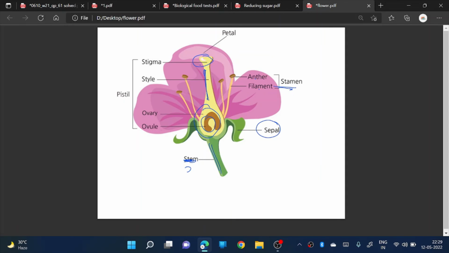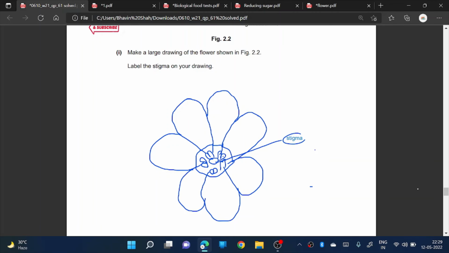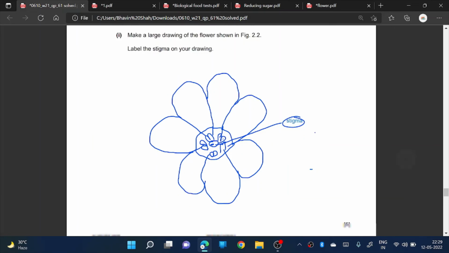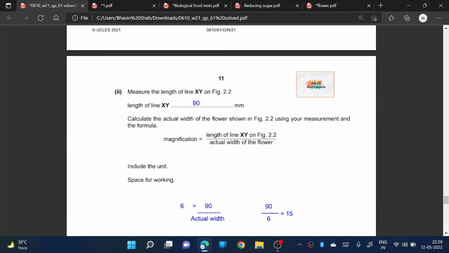This part is called as the stalk. Okay, so this is the typical flower. So here when you need to label the stigma, so now we know the stigma is the center part here. Okay. 5 marks for this diagram. If you just make the flower look like it, you are going to get all your marks.